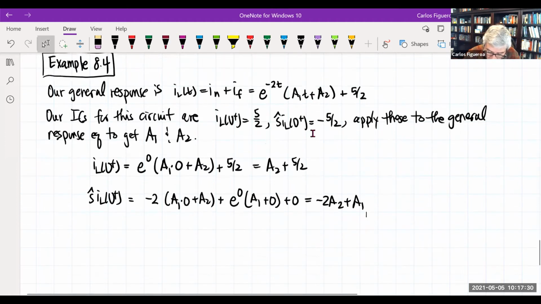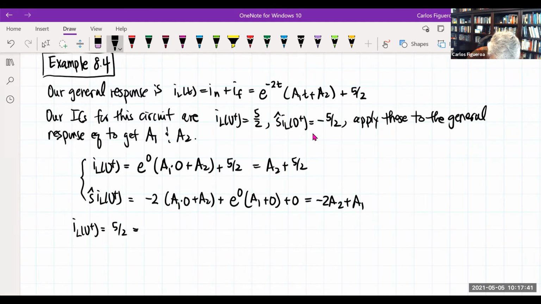So now, just to clean this up, what am I doing here? Well, I know that IL of 0 plus, our initial condition, is equal to 5/2. So this guy has to be A2 plus 5/2. And then S hat IL of 0 plus, we saw that this guy was equal to minus 5/2, and this has to be A1 minus 2A2.